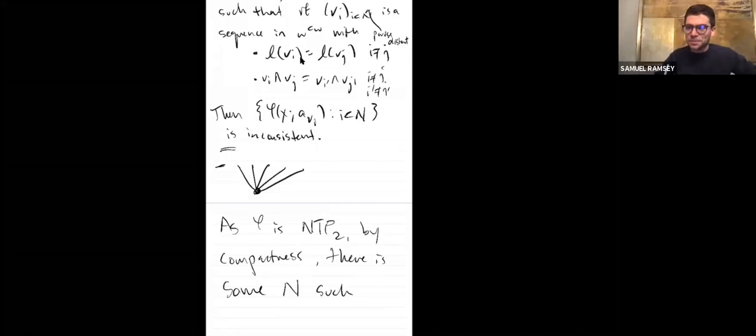What is NTP2? We defined TP2, but NTP2 is not TP2, sorry. So yeah, this is the model theory convention. N plus property always equals not property. This is super frustrating that in model theory, normally we define everything in terms of the bad property and then we take its negation.